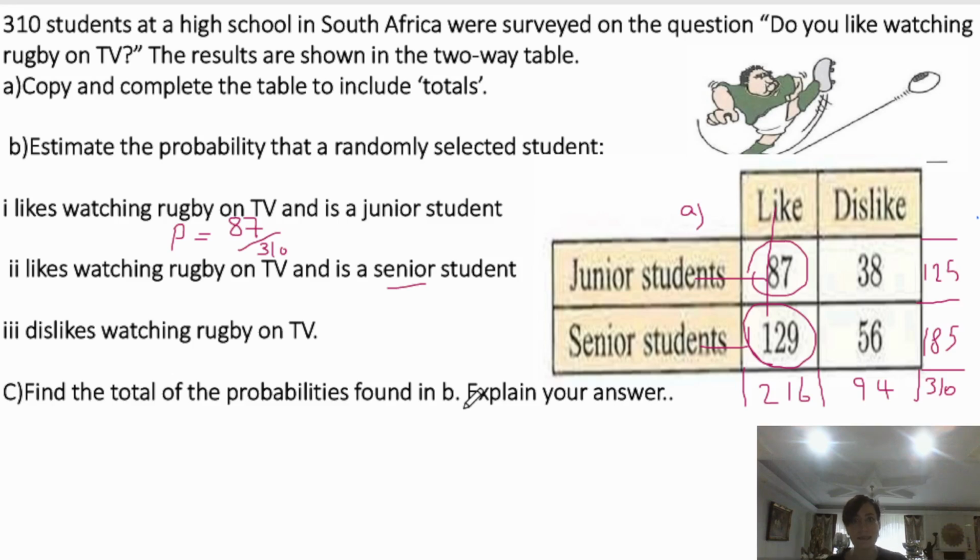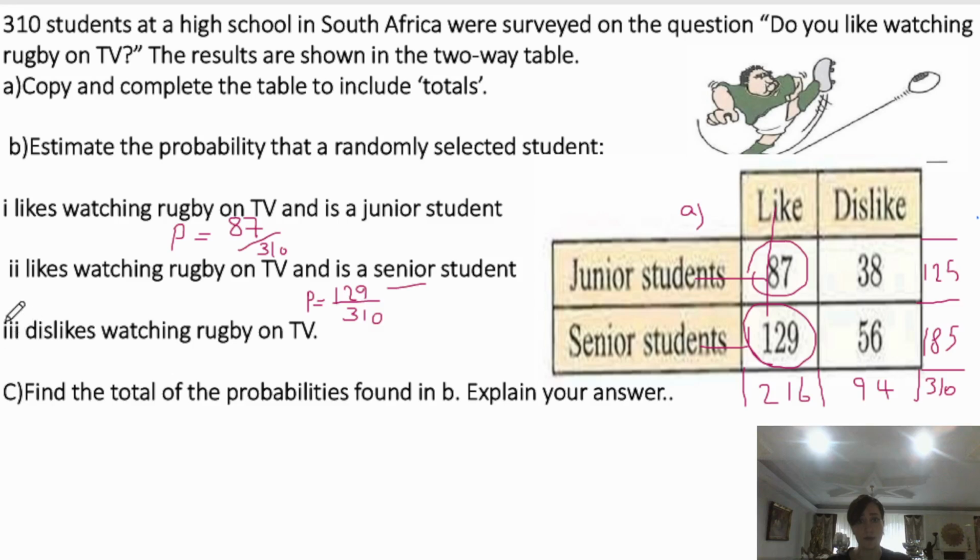I am selecting a student randomly from 310. So P equals 129 over 310. This is the probability when I select a student who likes watching rugby on TV and is a senior student.